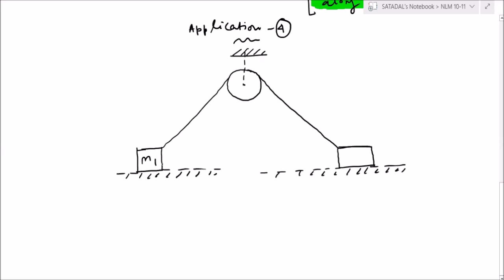This is M1. This is M2. It's moving in this direction with velocity V1. It's moving in this direction with velocity V2. This angle is theta 1 and this angle is theta 2. Let's see who is going to give me the answer.